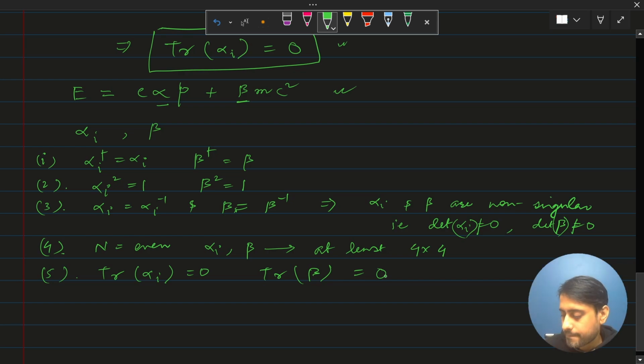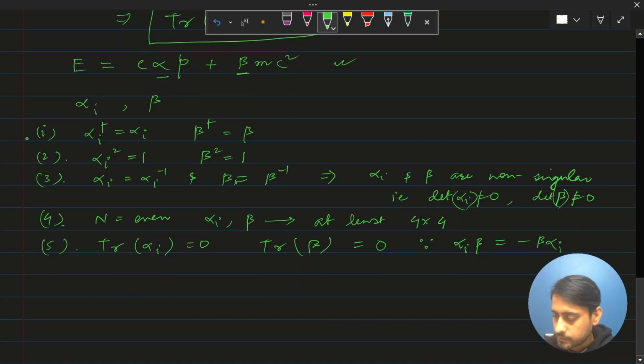This was imposed because of alpha I beta equals minus beta alpha I. Juggling over all these conditions, it can take some time for someone to visualize what this alpha and beta can be. So people have thought, especially Dirac must have thought, what this alpha and beta could be.